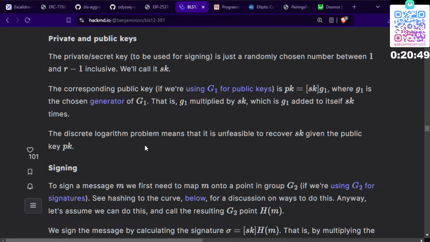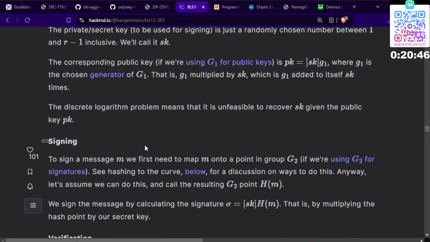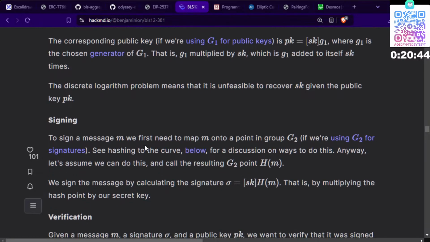We'll call it SK. The corresponding public key, if we are using G1 for public keys, is PK equals SK times G1, where G1 is the chosen generator of capital G1, that is G1 added to itself SK times.